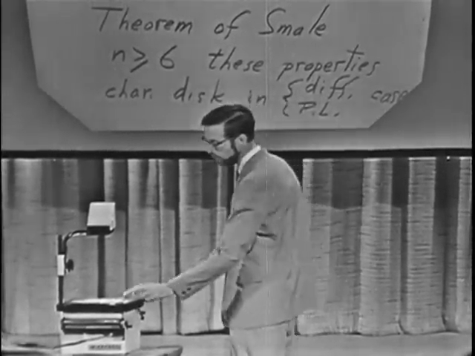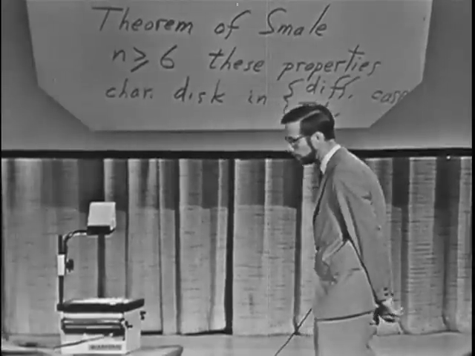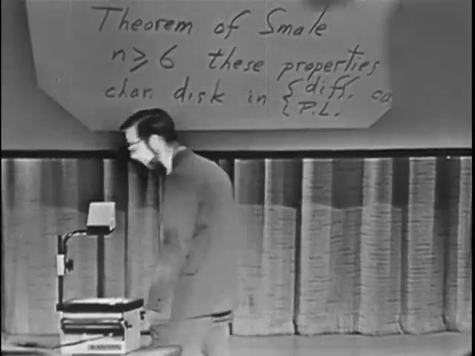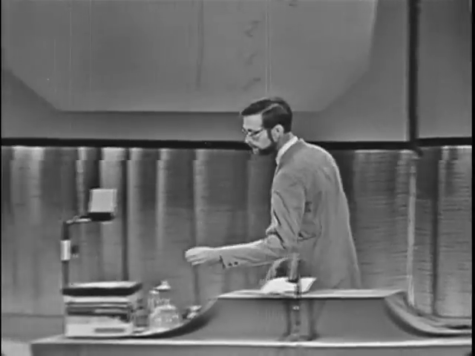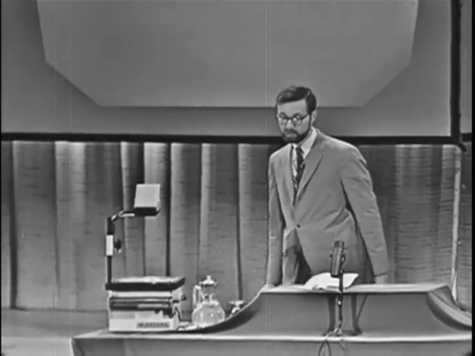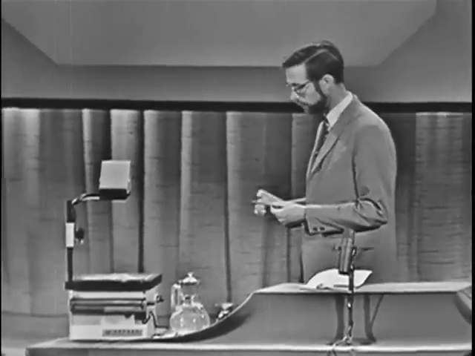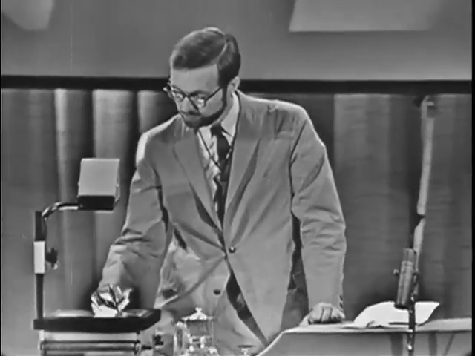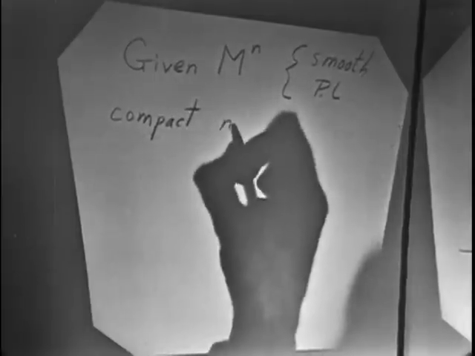And now, once we know this characterization of the n-disk, then we can try to characterize the sphere. The procedure would go like this. Suppose we're given a manifold M of dimension n. So this should be either a smooth or a piecewise linear compact n-manifold.